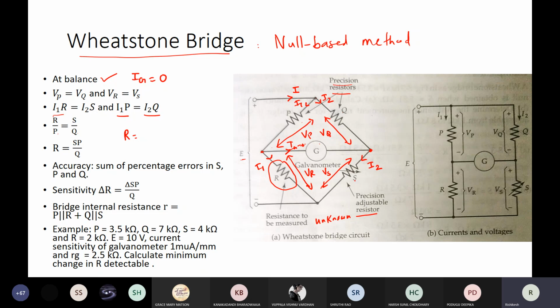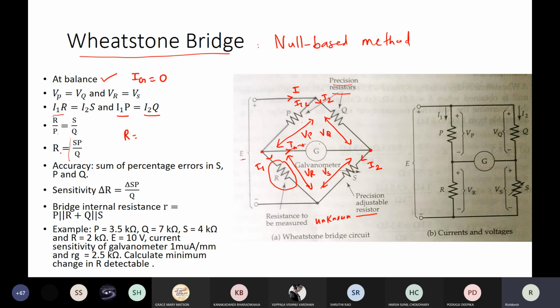You vary S until the galvanometer indicates zero deflection. There you achieve the balance condition, and by knowing S, P and Q you can calculate R.